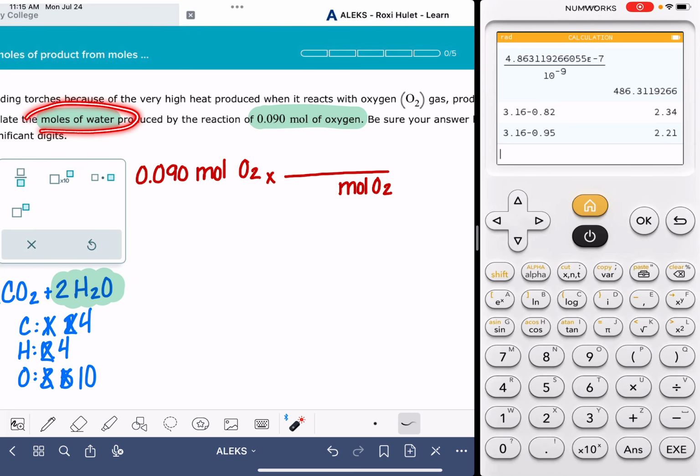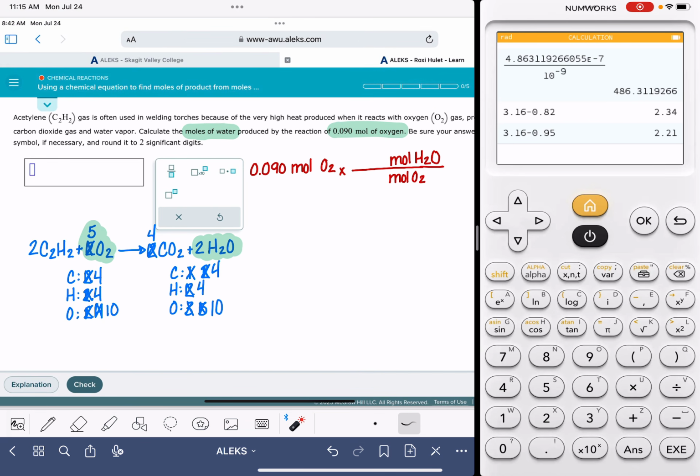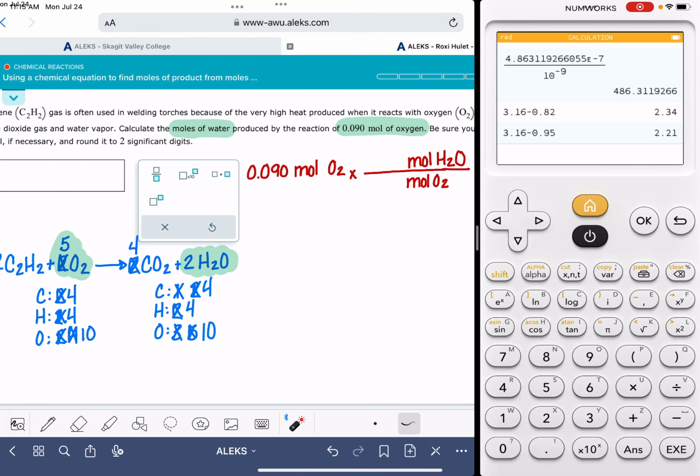I want my desired unit, moles of water, on the top of my conversion factor. The actual numbers I'm going to fit into this conversion factor are the stoichiometric coefficients from the balanced equation. For water, the stoichiometric coefficient is 2, and that goes next to the 2 moles of H2O. For O2, the stoichiometric coefficient is 5.